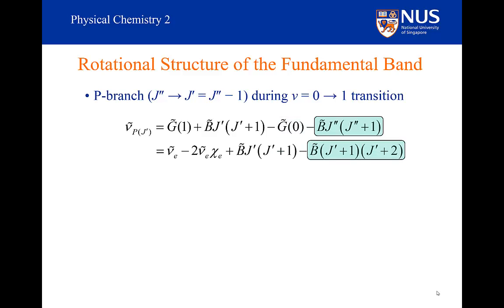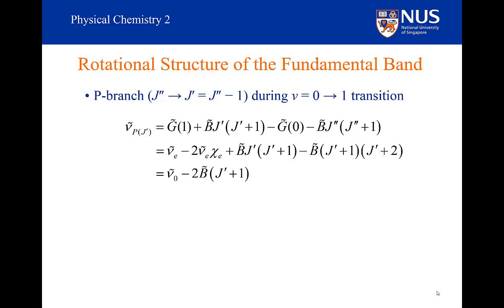Now I can rearrange this equation by substituting J double prime equals J prime plus 1, which is the relationship for the initial and final rotational states for a P-branch transition. Therefore, I can substitute for J double prime in the rotational term for the initial state with J prime plus 1. The result is B into J prime plus 1 into J prime plus 2. So you just simply substitute into this equation and you get this.